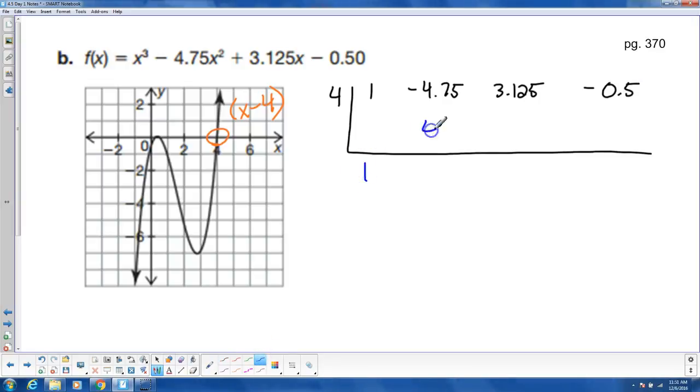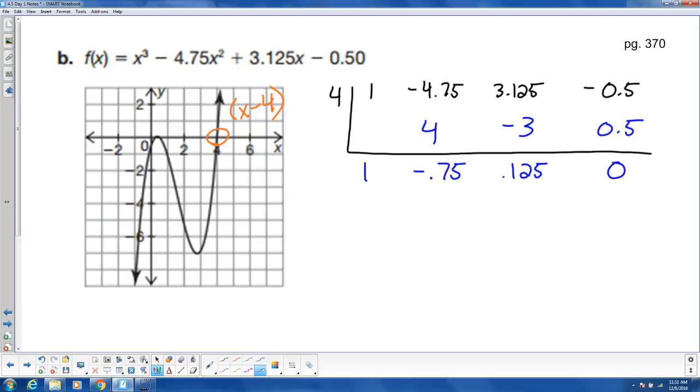Bring down the 1, then 4, negative 0.75, then negative 0.125, and 0. Okay.